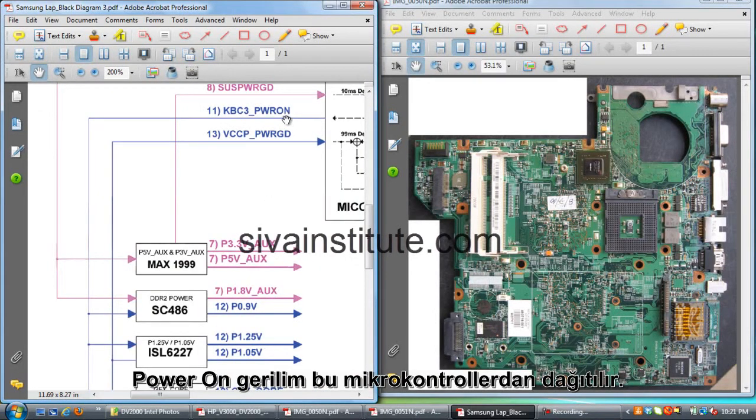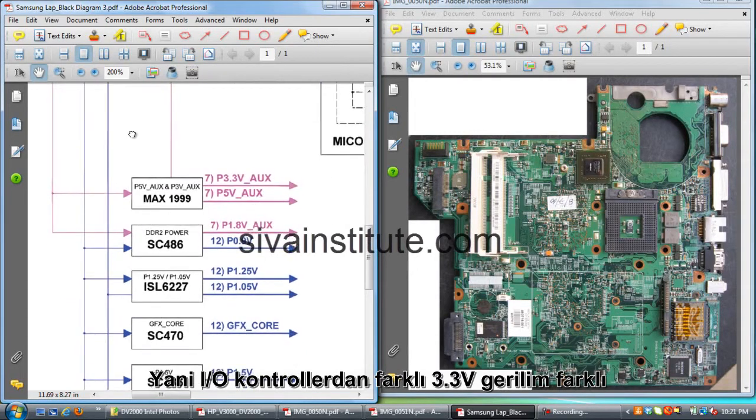Run power or power on voltage 3.3 volts from the microcontroller IC, that means the IO controller IC, goes to different regulator ICs. This voltage goes to memory termination. This voltage is 1.25 and 1.05 volts.